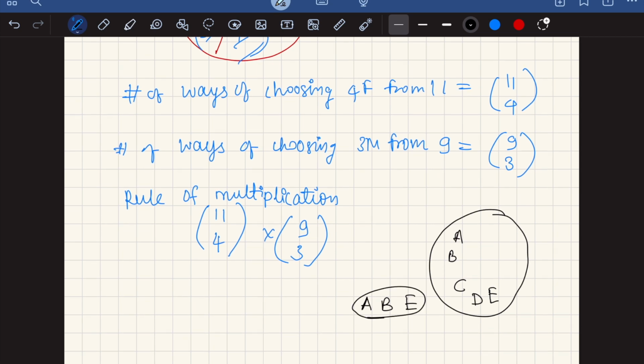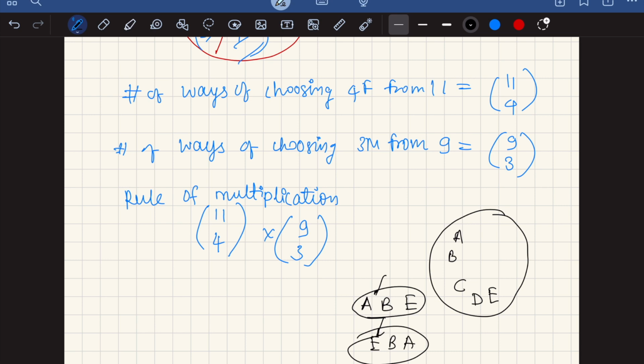Do you treat this group and this group as different just because I selected A first here and E first here? No. So whenever you're talking about a committee, the order does not matter. It's just a group of people who could have been chosen in any order. So that's why we are choosing combination. So it's a good question, to distinguish when to choose a permutation and when to choose a combination.